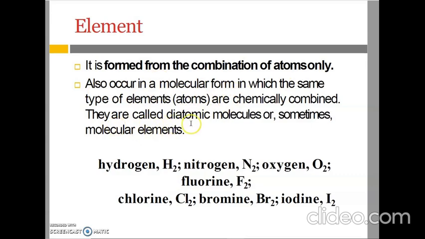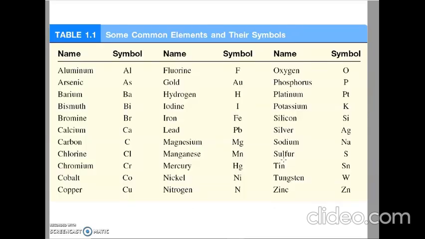So they are called diatomic molecules or sometimes molecular elements. Examples like hydrogen, in the form of more than one atom, which is a diatomic molecule: hydrogen, nitrogen, oxygen, chlorine, bromine and iodine. Okay, so these are some common elements and their symbols.